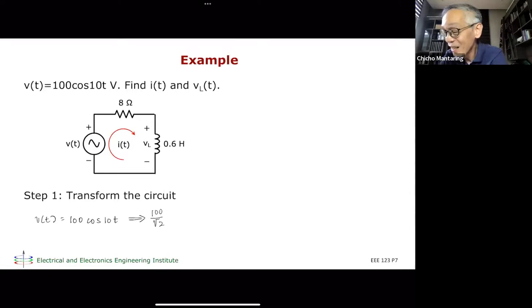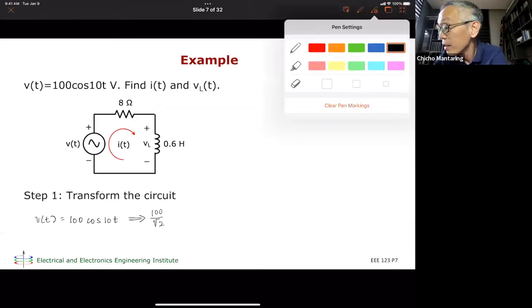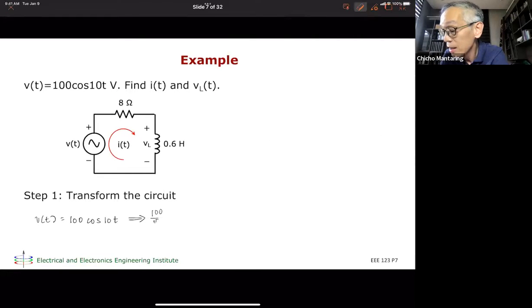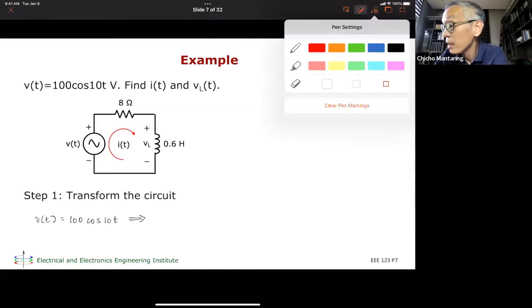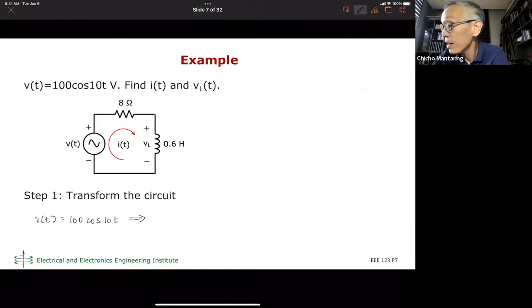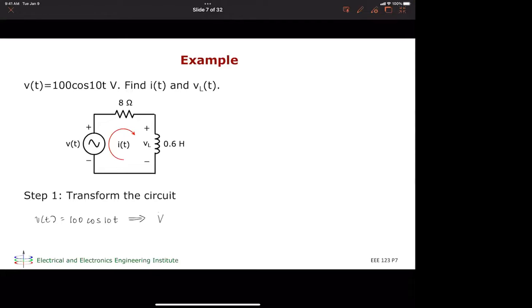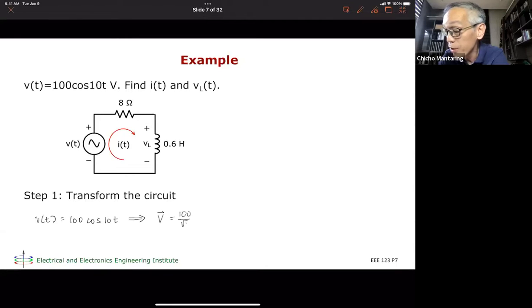Okay. So ito, V is going to be 100, let me just put it this way first, at an angle 0 degrees.